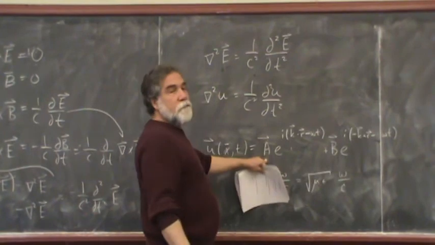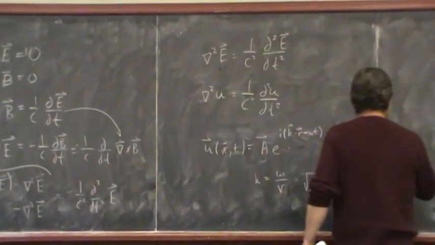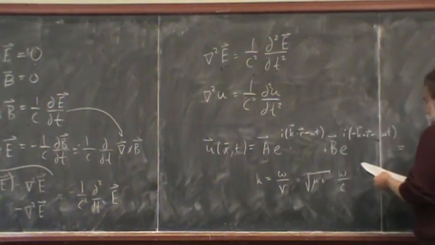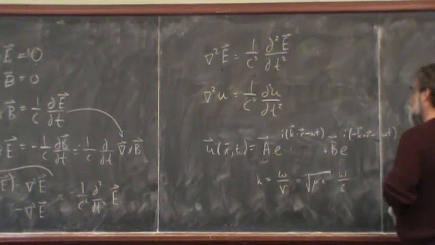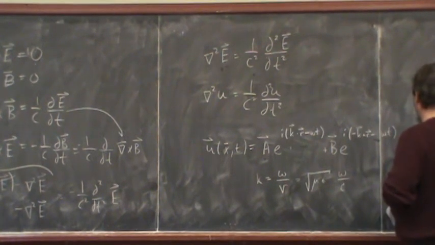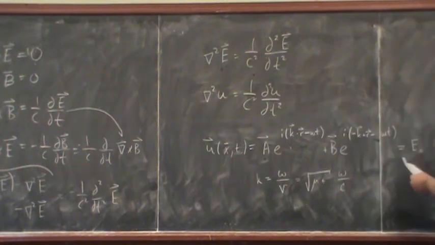But I'll rewrite this in a slightly different form, which is that it's an amplitude times a vector direction in which the field points. I'm just going to choose some direction there. Actually, I have to be a little bit more careful here.